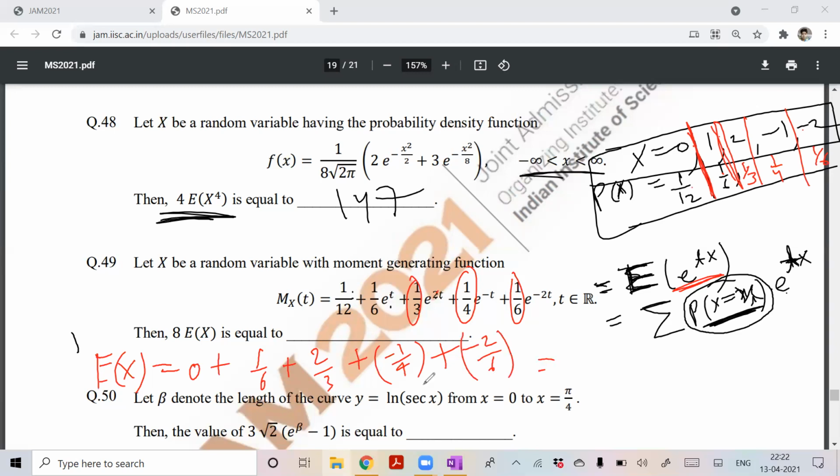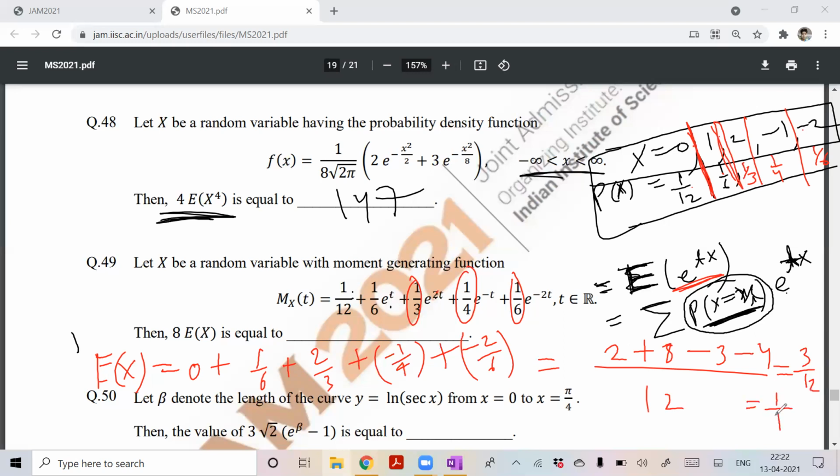Okay, so let's add this. We can take LCM 12 directly. So 6 2s are 12, 3 4s are 12, 4 2s are 8, minus 4 3s are 12, 6 2s are 12, minus 4. So 8 plus 2 is 10, minus 3 plus 4 is 7, 10 minus 7, 3 by 12.